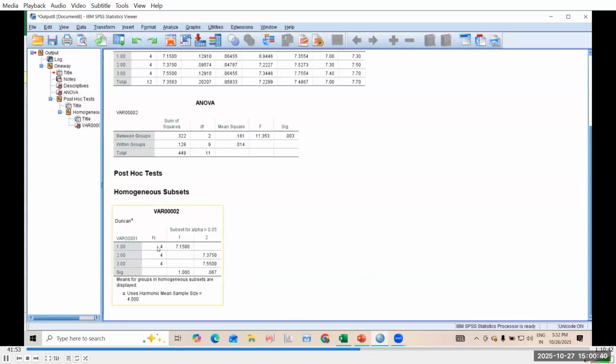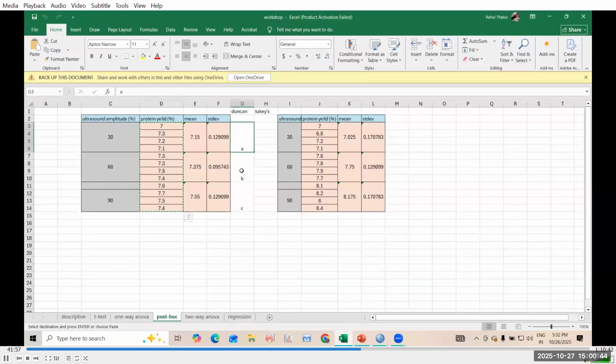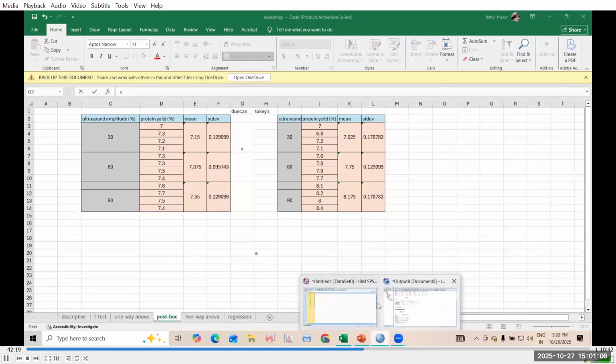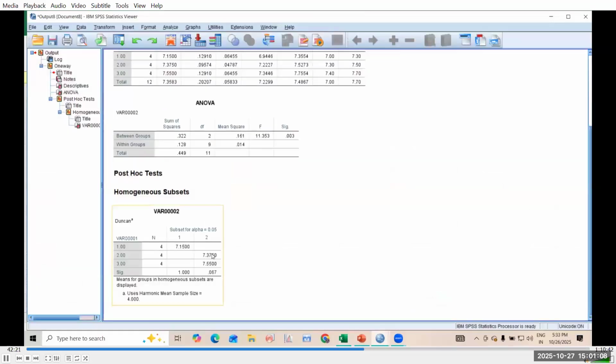So we will put in the Excel file that here the 30% is in the first subset, meaning a lower significance level, but the rest, the 60 and 90% of amplitude, showed a higher significance level, significantly differing.